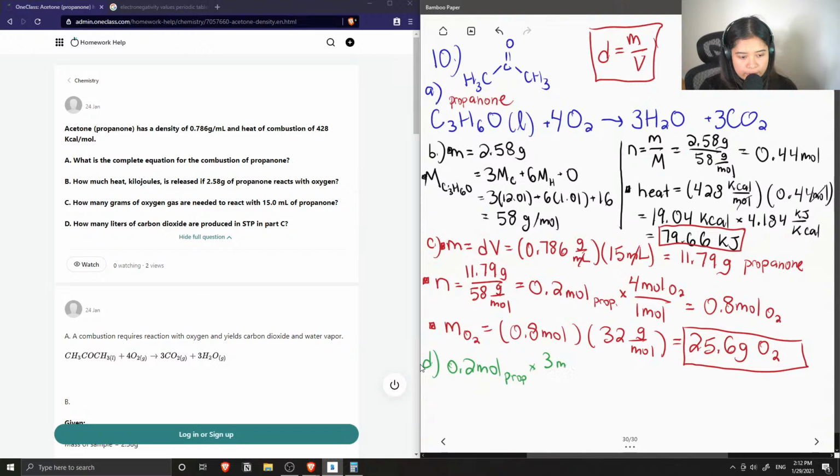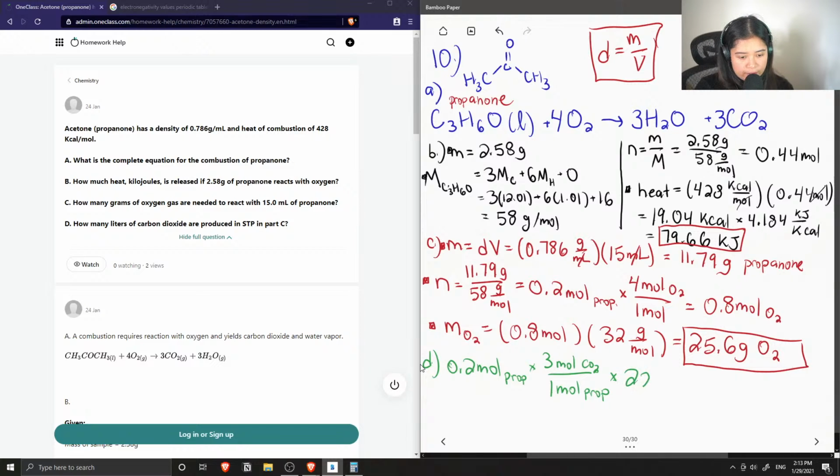So 3 moles of CO2 reacts with 1 mole of propanone, and we also want to take into account the molar volume of a gas at standard temperature and pressure, which is 22.4 liters.